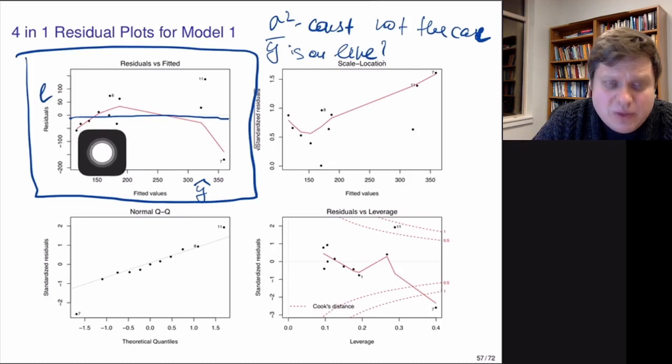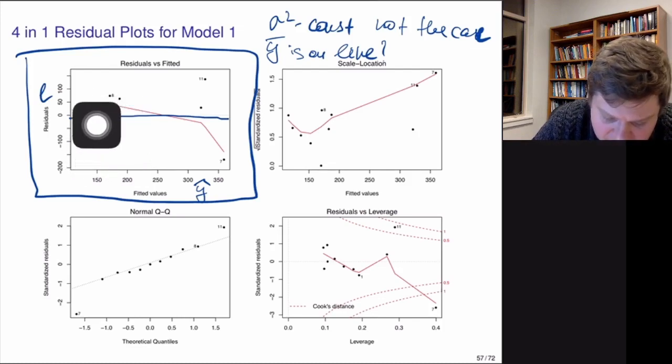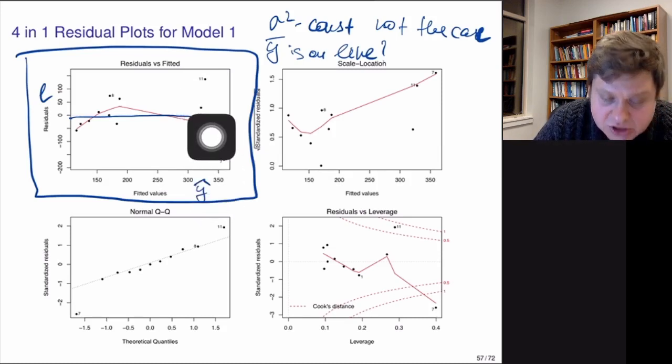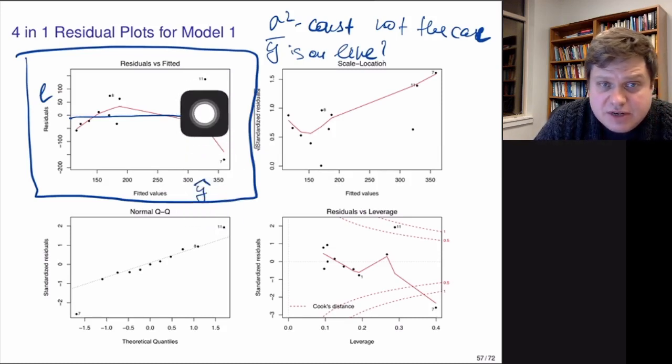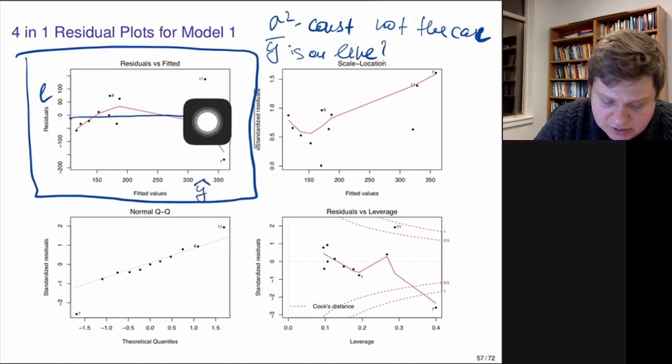Here maybe it is the case in this region, okay? But it seems to be not the case in this region. So it looks like observation number 11 and number 7, which are Great Britain and the United States, are the observations that cause the violation of the linear model assumptions, okay?